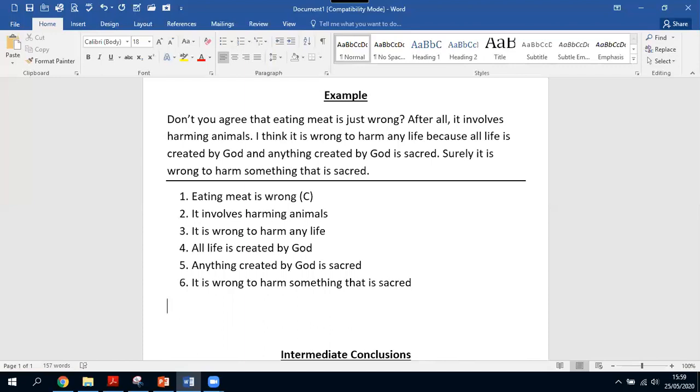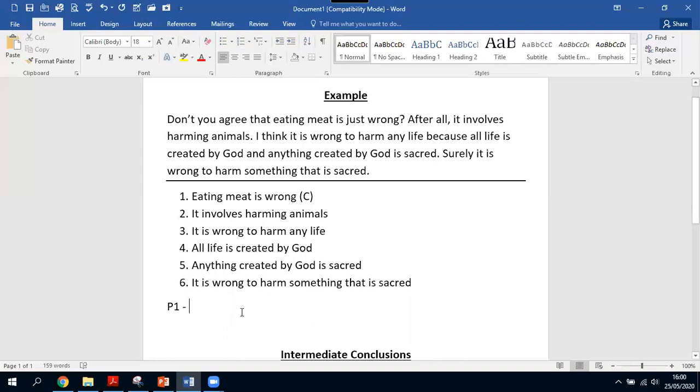So let's get started. Premise 1 is actually all life is created by God. The reason is that it directly leads into this claim here, and it also leads into this claim here. Let me show you how.